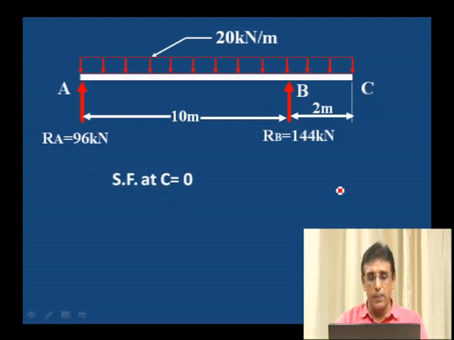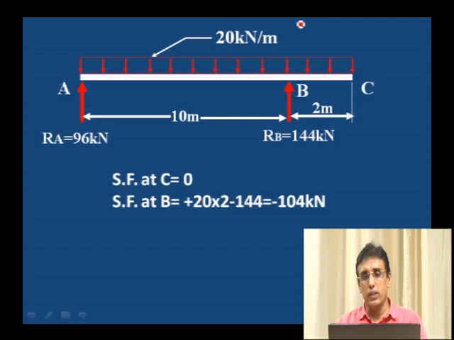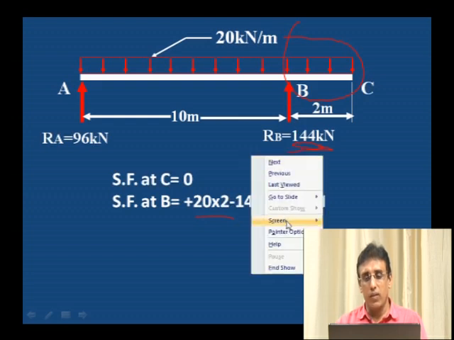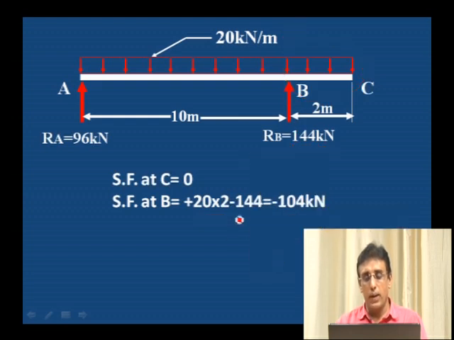Shear force at B, you have to consider the load on the right portion of B, that is 20 kilonewton per meter into distance 2, total load is 40 kilonewton, minus this load. At B, RB is acting, 144, upward, that is why it is minus. Minus 104 kilonewton is the shear force at B.